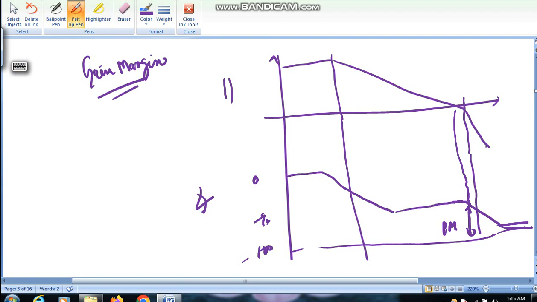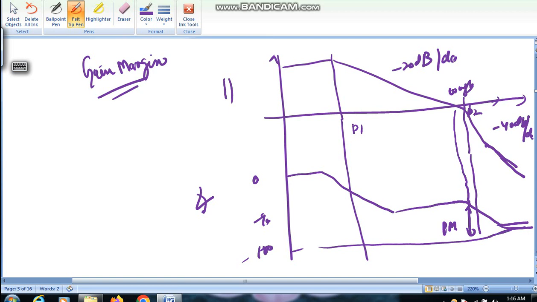We have seen phase margin. This is omega UGB, this is P1, this is P2, this is a straight line, this is minus 20 dB per decade, this is minus 40 dB per decade.